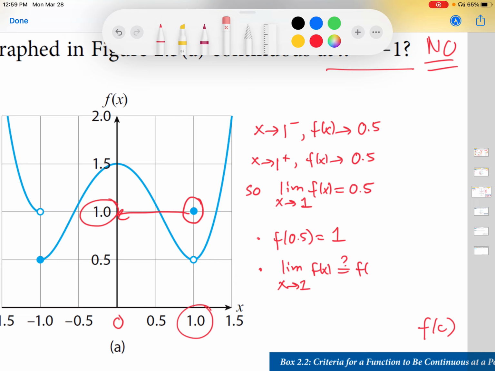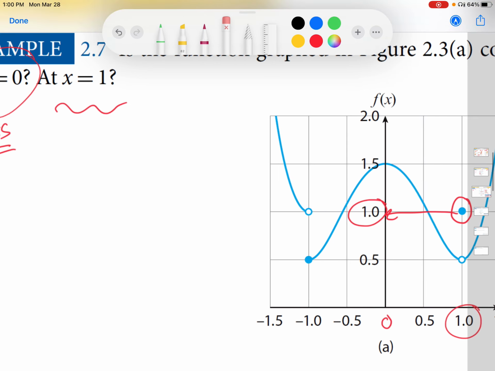F of 1 equals 1. Is the limit equal to the value of the function? The answer is no. So the value of the function is 1. The value of the limit is 0.5. So the conclusion over here is that no, the function is not continuous at 1.